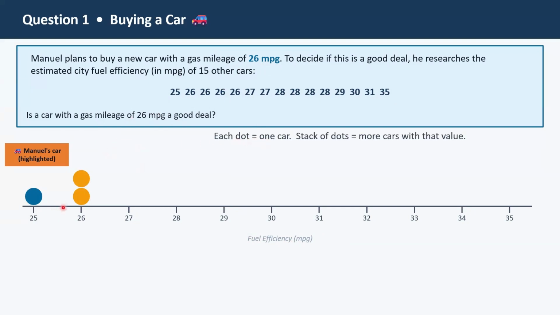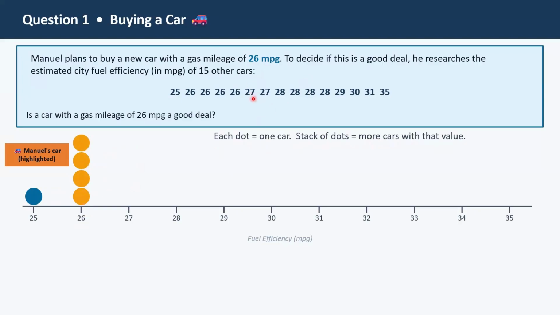Each dot is representing one car and a stack of dots is equal to more cars with that value. So we have so far two cars that have 26 miles per gallon average. So there are four cars that have 26 miles per gallon fuel efficiency.